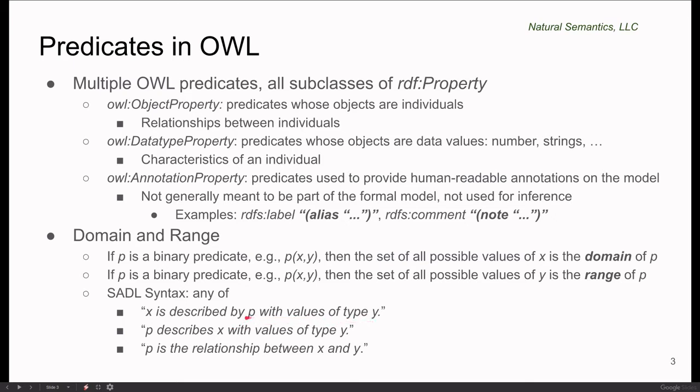So we define the domain and the range of P. Or we might say P describes x with values of type y. This is probably a more common way to say it. Or finally, we might say, and in some cases it makes more sense in English, P is the relationship between x and y. We could say, for example, that child is a relationship between parent and child.